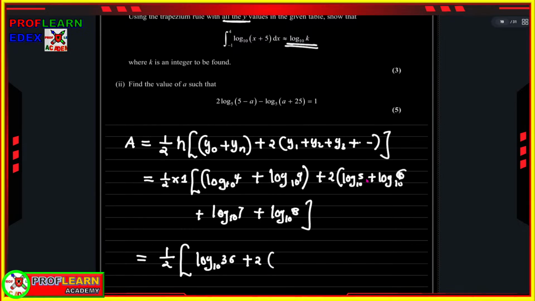So this is going to be 5 times 6 times 7 times 8. What does it give you? 5 times 6 times 7 times 8 is going to be 1680, log 1680 base 10.